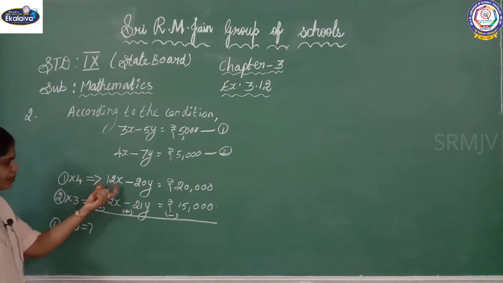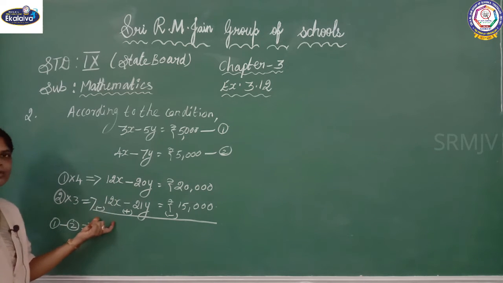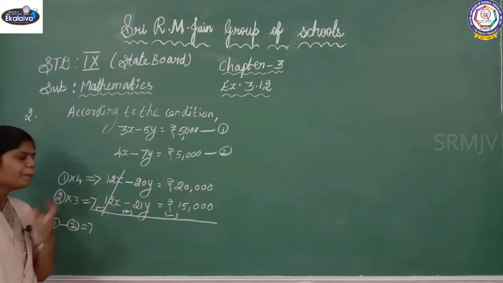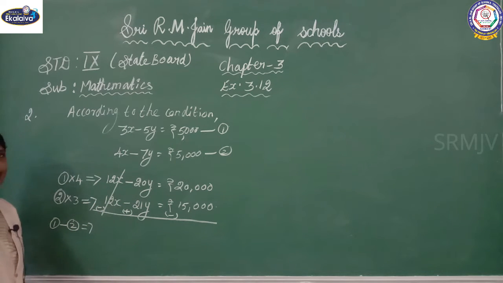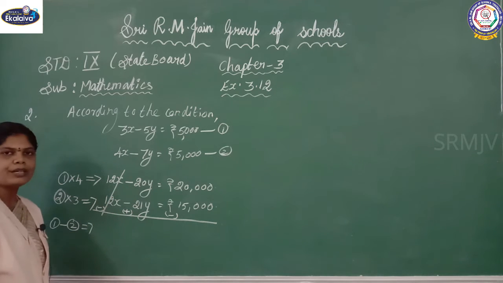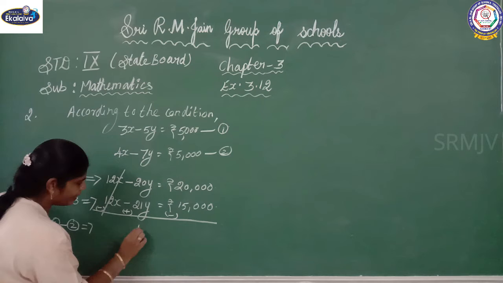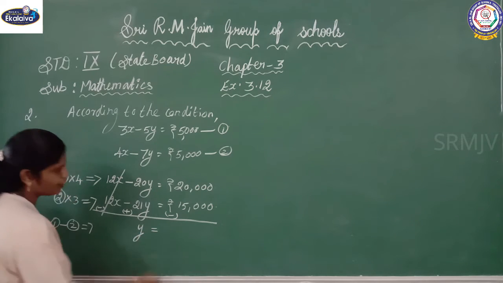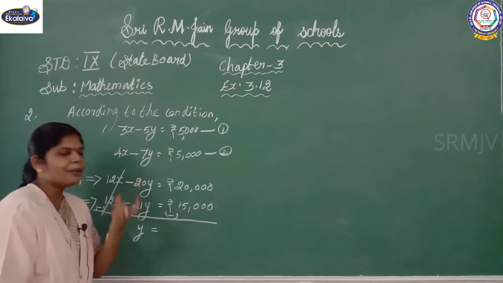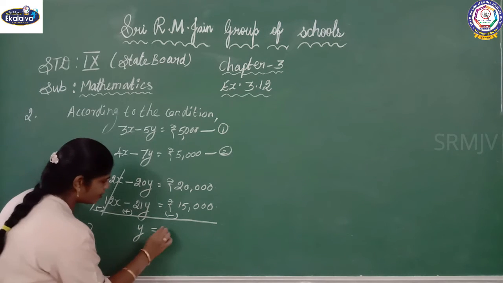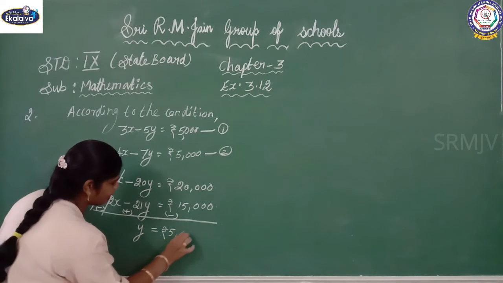Children, 12x minus 12x cancels. Minus 20 plus 21, what do you get? 1. So 1y, directly write y, equals 20,000 minus 15,000. What do you get? Rupees 5,000.